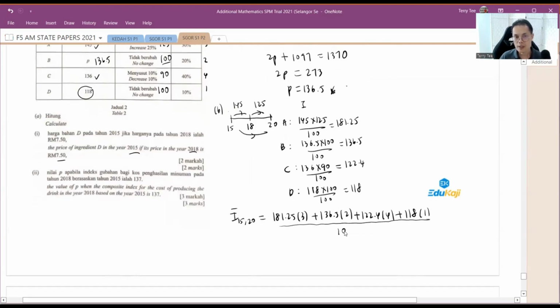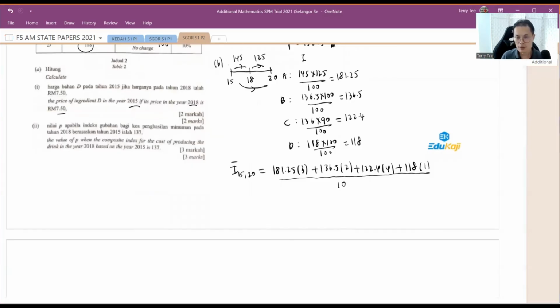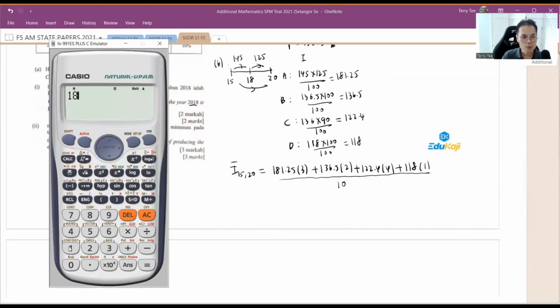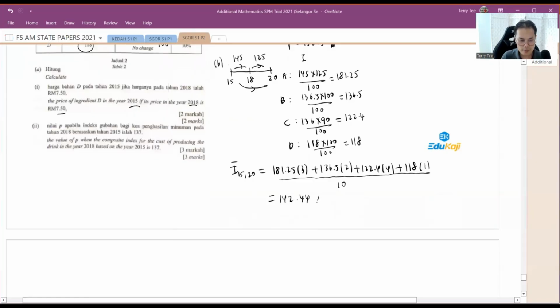Use your calculator: 181.25 times 3, plus 136.5 times 2, plus 122.4 times 4, plus 118. Whatever I get, divide by 10. You should get 142.44.